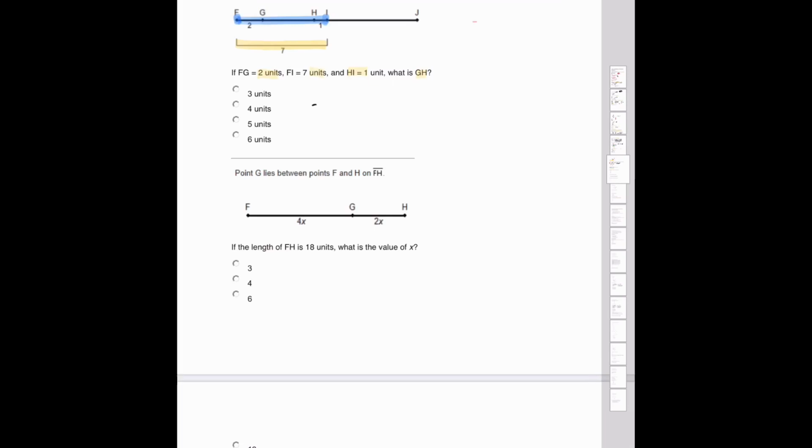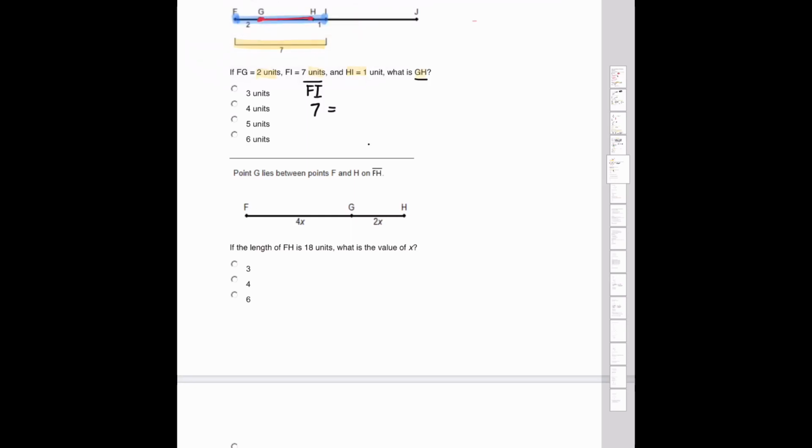So the entire line segment is equal to 7. That is line segment FI. In order to find the measure of GH, which is this line segment, we would take what we are given and subtract that from 7.